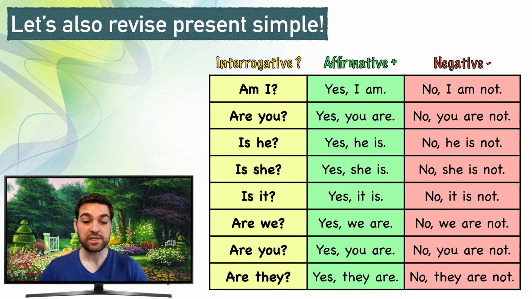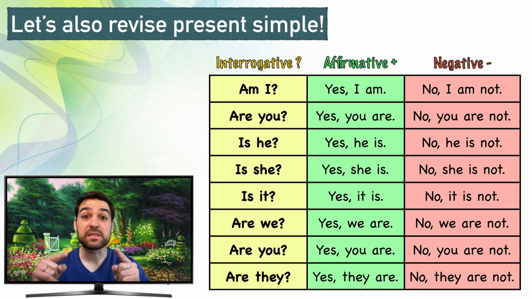Is she? Yes, she is. No, she is not. Is it? Yes, it is. No, it is not. Are we? Yes, we are. No, we are not. Are you? Yes, you are. No, you are not. And are they? Yes, they are. No, they are not.